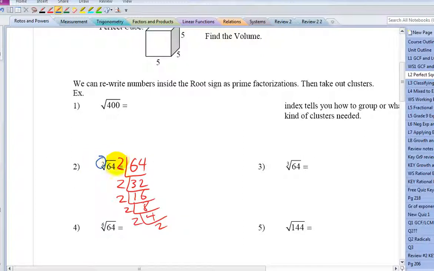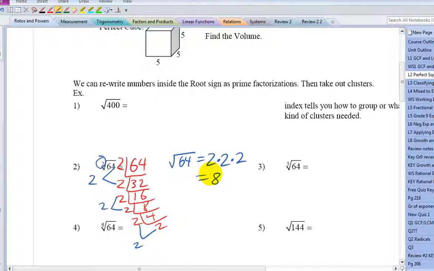Pairs. So here's a pair. We can take out a single 2. Here's a pair, single 2. Here's a pair, take out a single 2. So square root 64 equals 2 times 2 times 2. Multiply them together, 8.